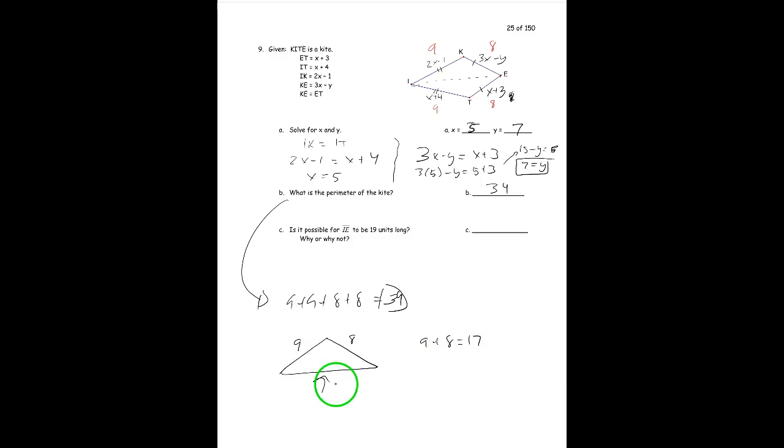So this side has to definitely be less than 17, and 9 minus 8 is 1, so it has to be greater than 1. So that side has to be between 1 and 17, and 19 is not in that range, so the answer to this one is no.